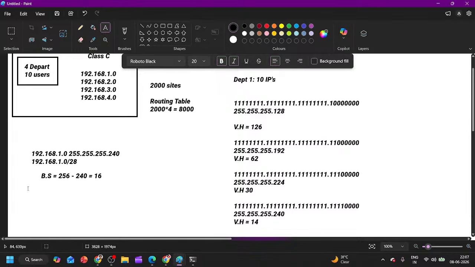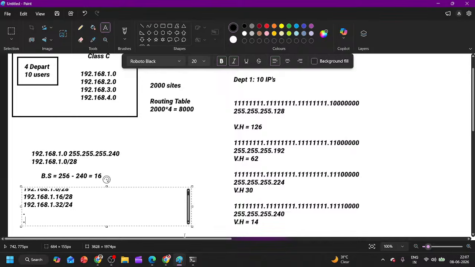If I will ask you, tell me all the networks, then first network is 192.168.1.0/28. Second network is 192.168.1.16/28. Third network is 192.168.1.32/28. Fourth network is, and so on.